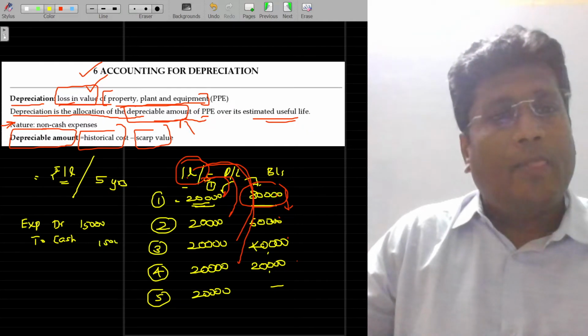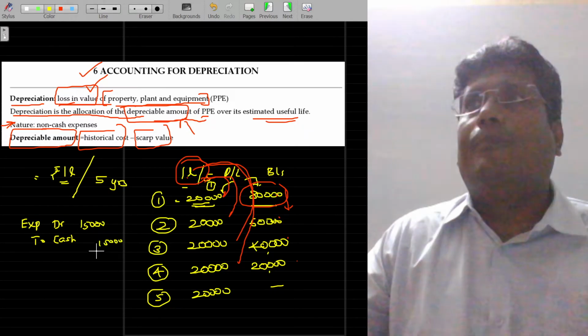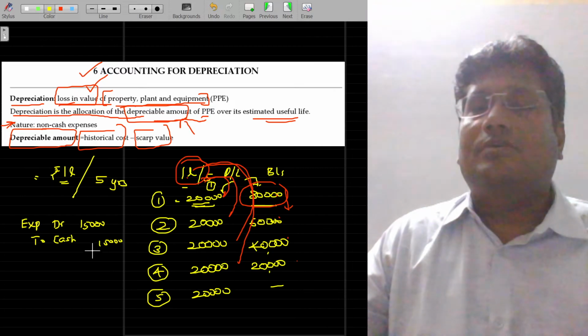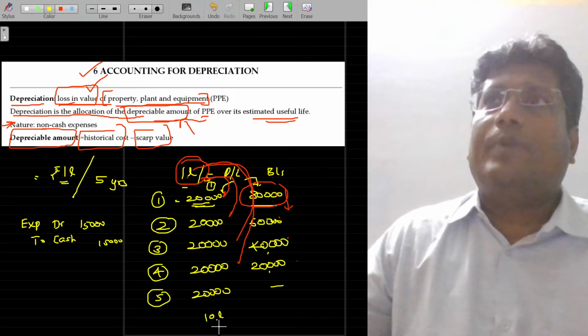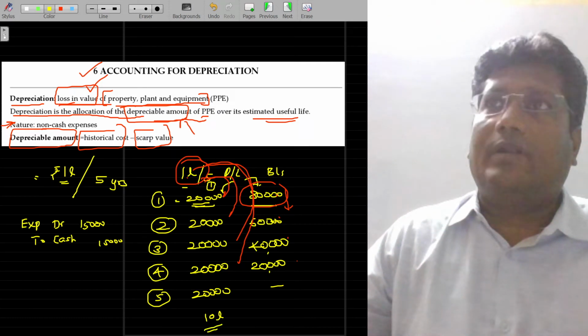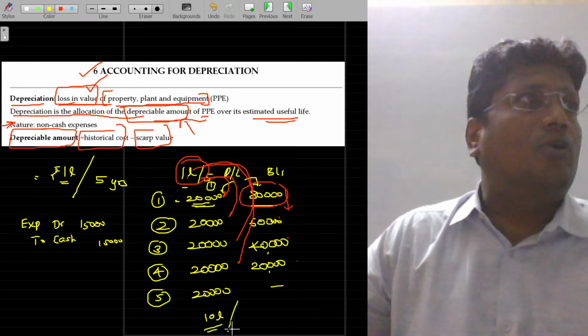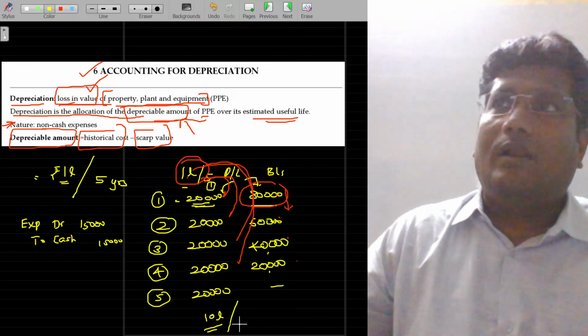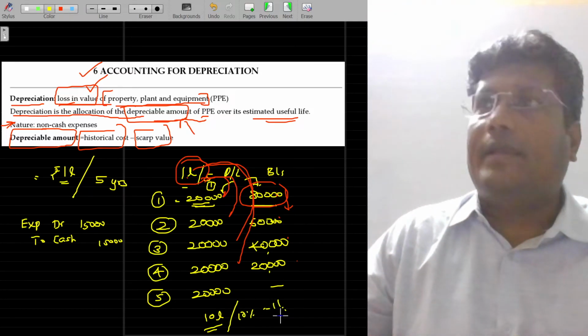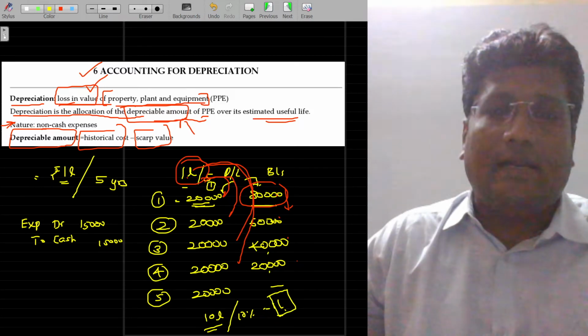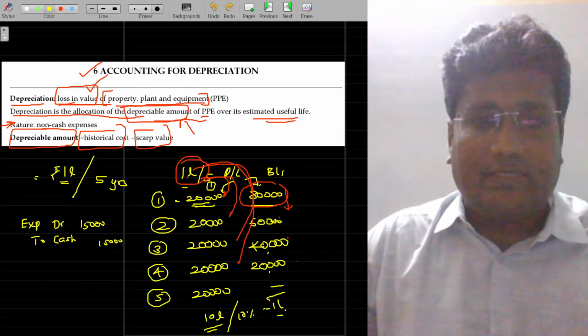Is that okay? Rather than paying the rent, you have purchased land and building for rupees 10 lakhs. As you have purchased the land and building for 10 lakhs, we assume the amount to be a loss every year, being 10% of that, which is equal to 1 lakh. That 1 lakh is considered as depreciation.